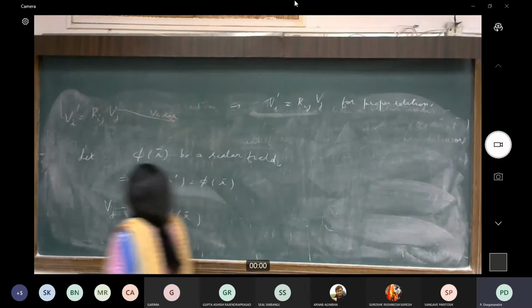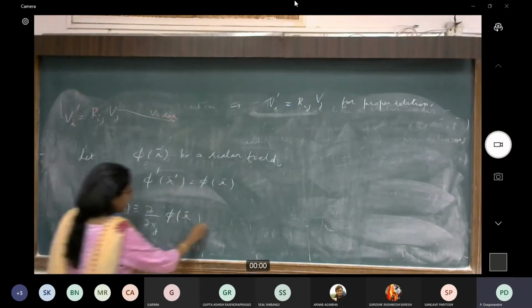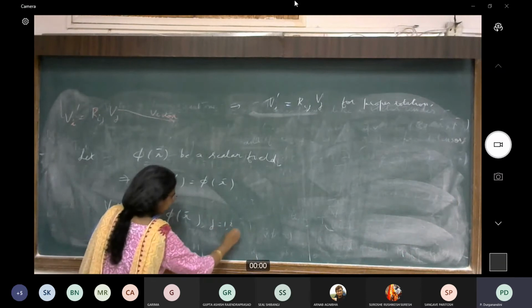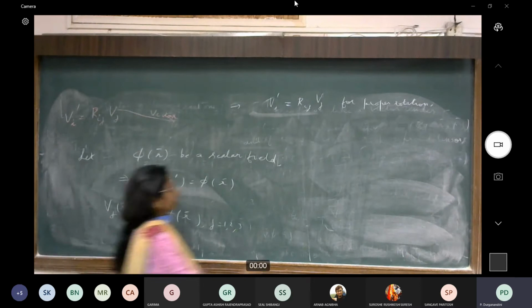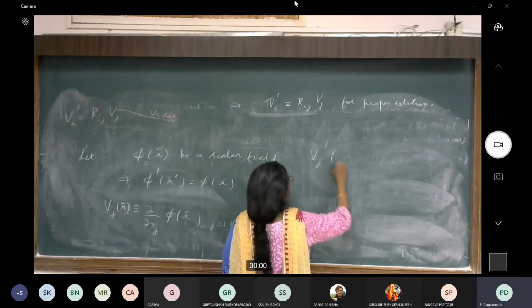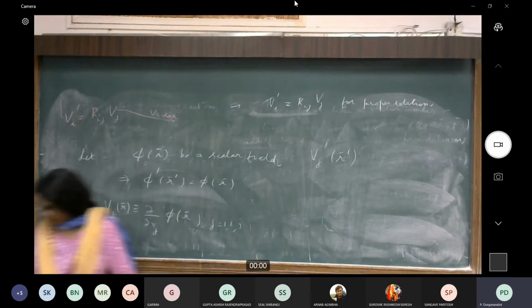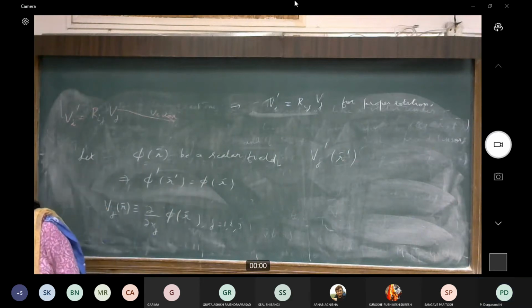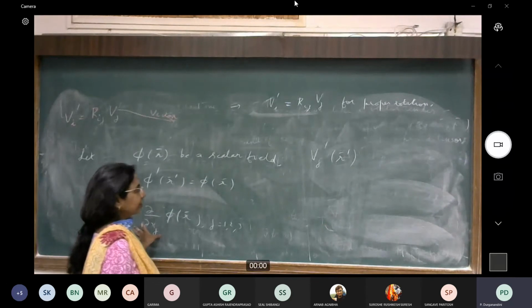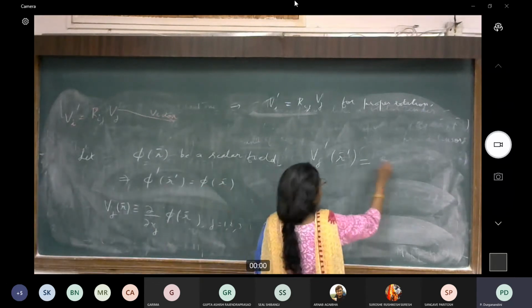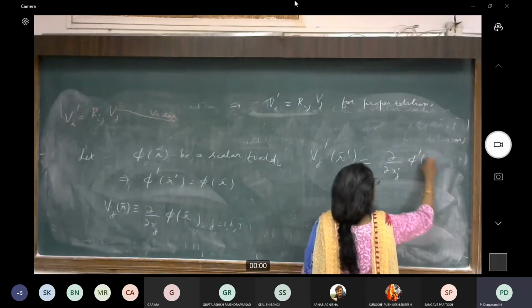So again, V j is a function of R. This is true for j equal to 1, 2, 3, so I have three components for this object. Now let us try to find out what is V j prime of R prime. By definition, V j is defined like this, so this should be equal to del by del x j prime of phi prime of R prime.